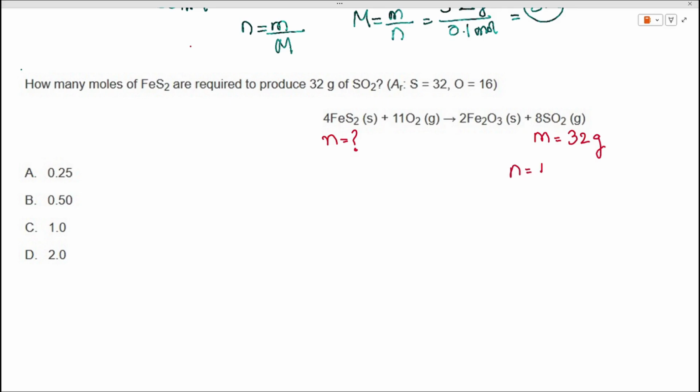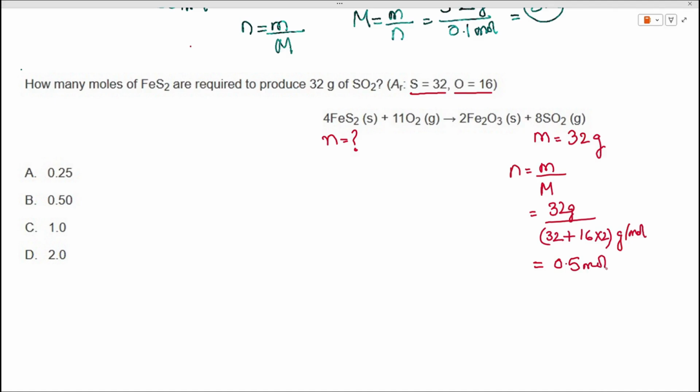So the number of moles is equal to the given mass divided by molar mass. The given mass is 32 grams, and for calculating the molar mass they have given us the relative atomic masses of sulfur and oxygen. So it will be sulfur is 32 plus 16 times 2 grams per mole.